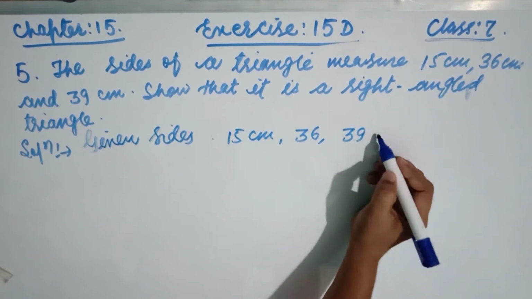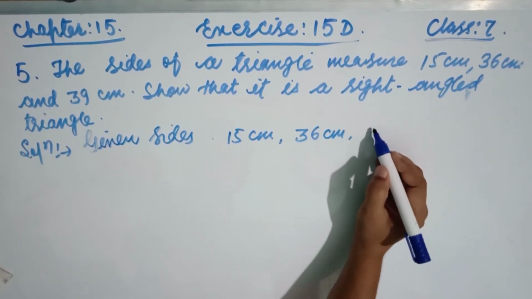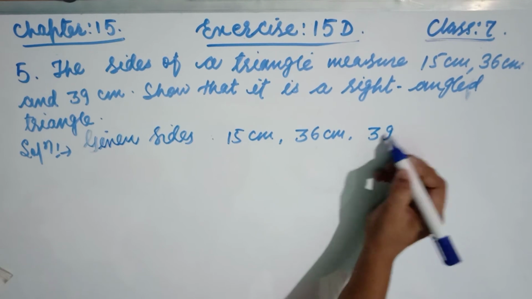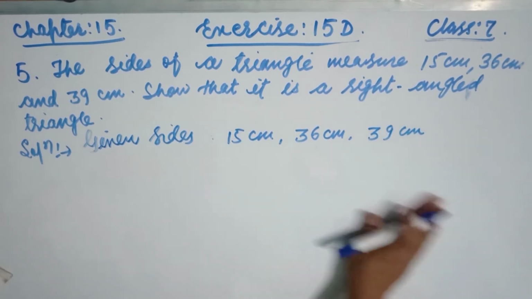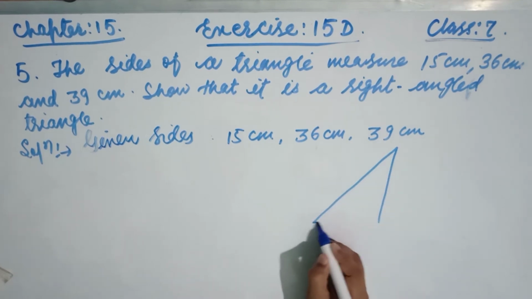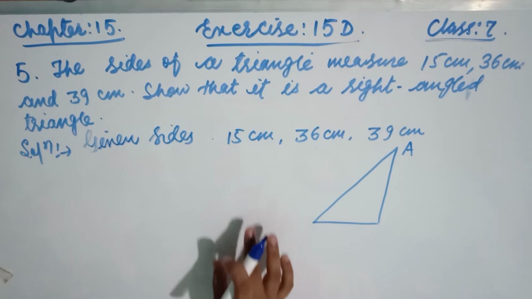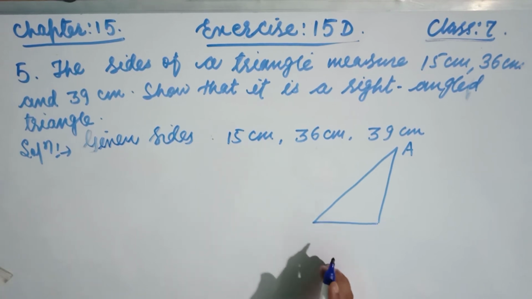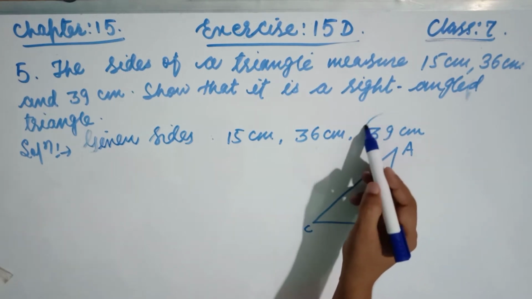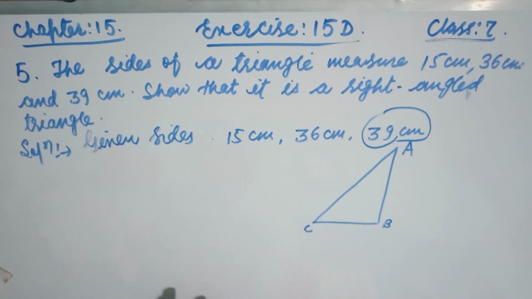Now friends, suppose we draw a rough figure, and suppose we are not deciding clearly that these are exactly the sides of a right angle triangle. Let us remember, friends, the hypotenuse is the greatest side in length.